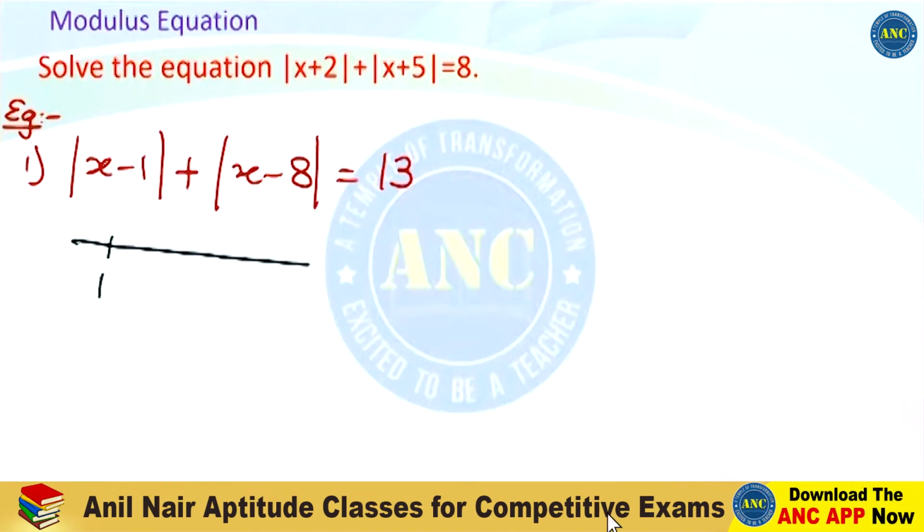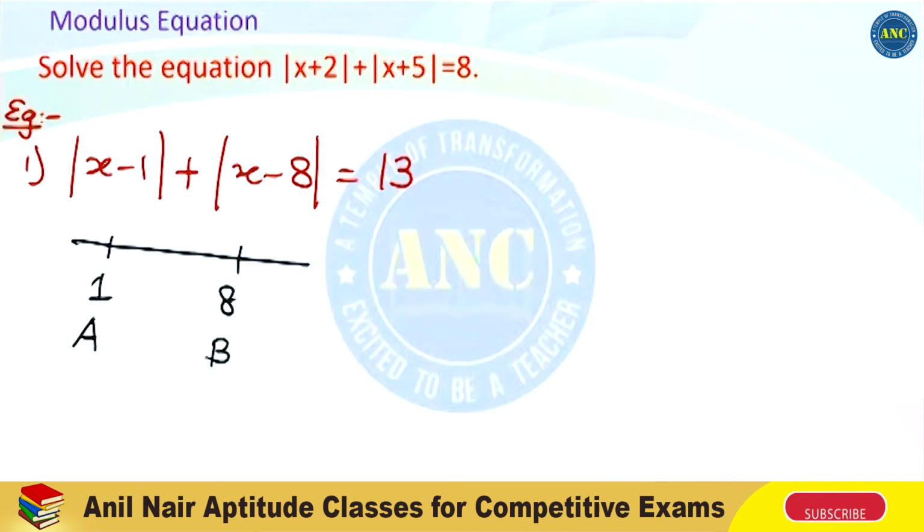X critical points are 1 and 8. Let me call these persons A and B. If A and B travel in opposite direction, they will only cover 7 units, but I want 13 units.